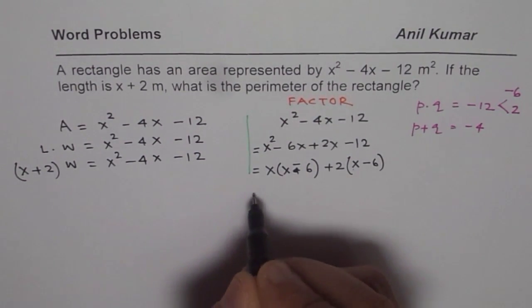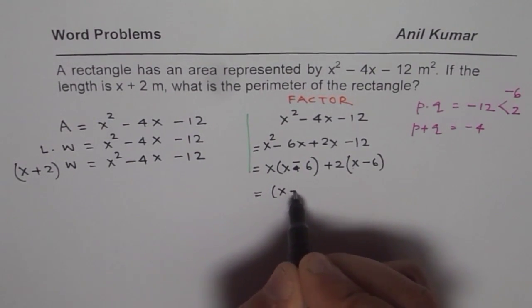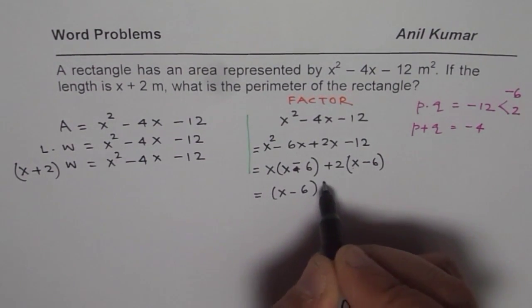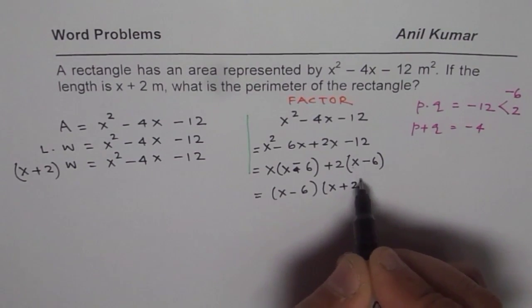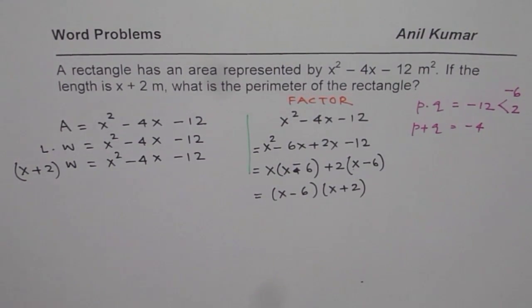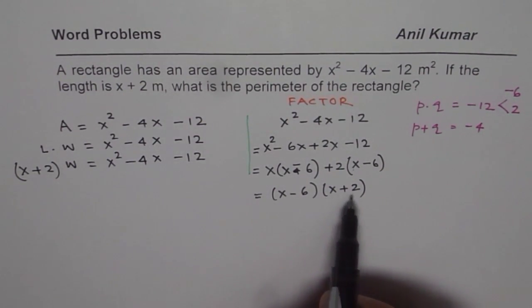Now x minus 6 is a common factor, so we can write this as x minus 6 times x plus 2, right? So when you factor, you get x minus 6 times x plus 2.